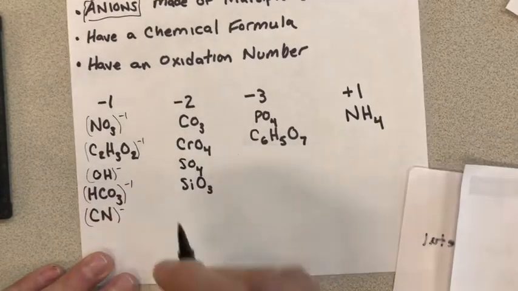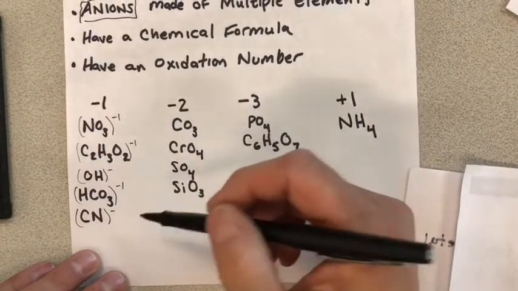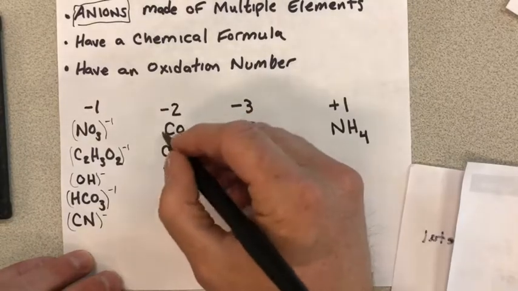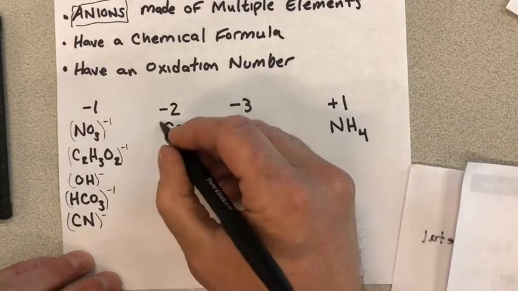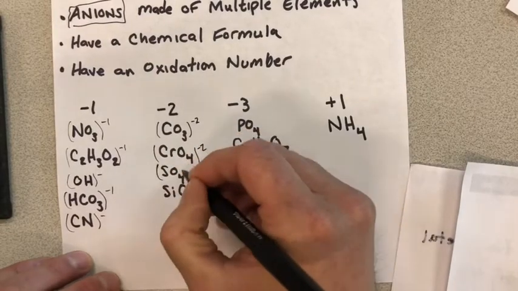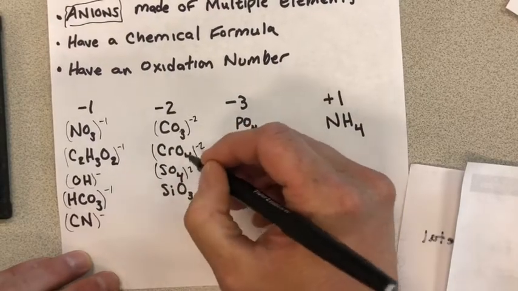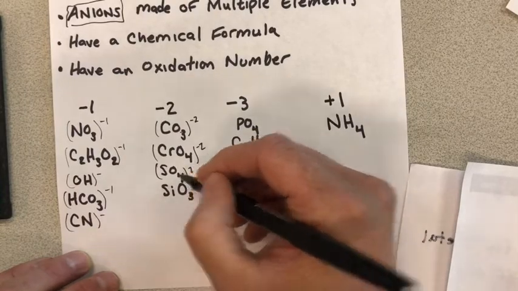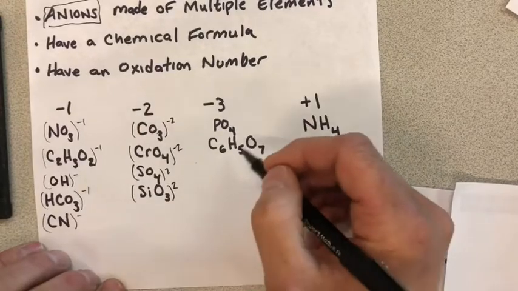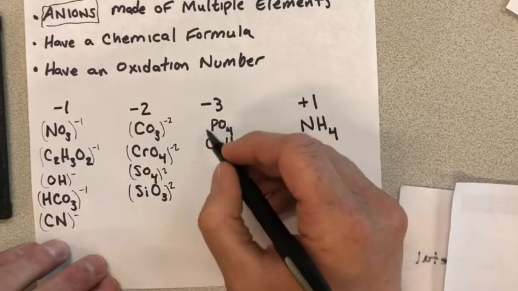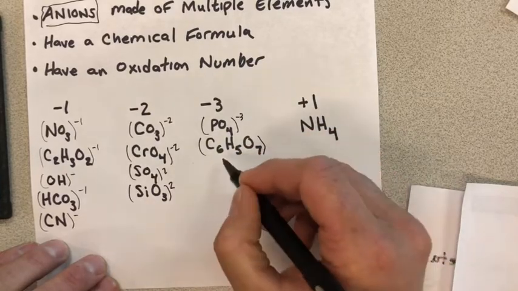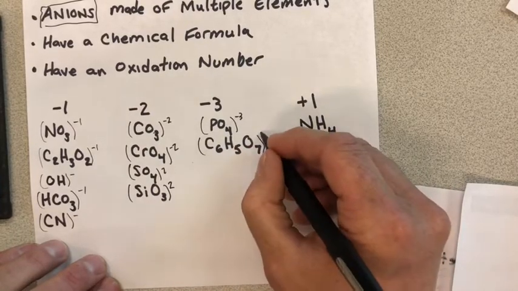And there's a list of these that you'll be provided in class, so you won't have to memorize these. You can always look these up. These little formulas here all carry a -2 oxidation state. This is carbonate, chromate, sulfate, and silicate. And then these, there's only a few of these actually with a -3, but this is called phosphate, and this is called citrate.